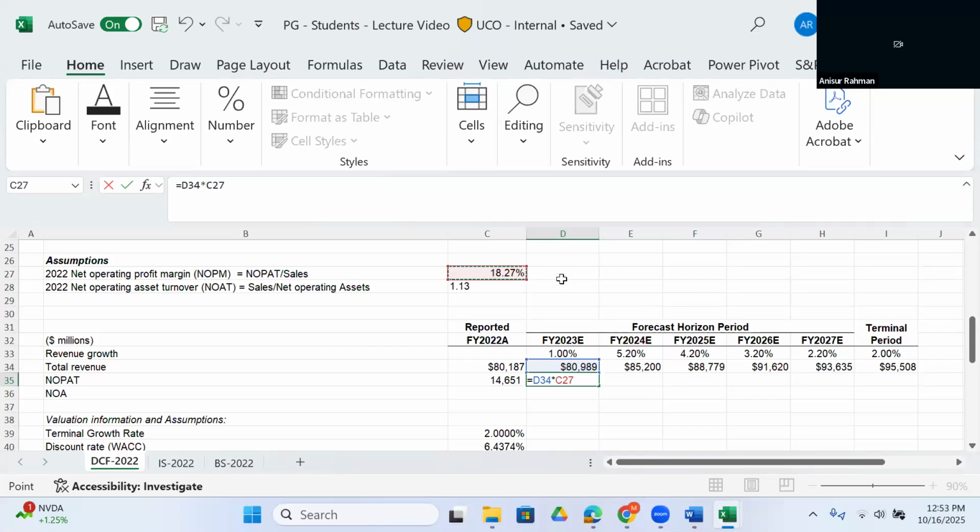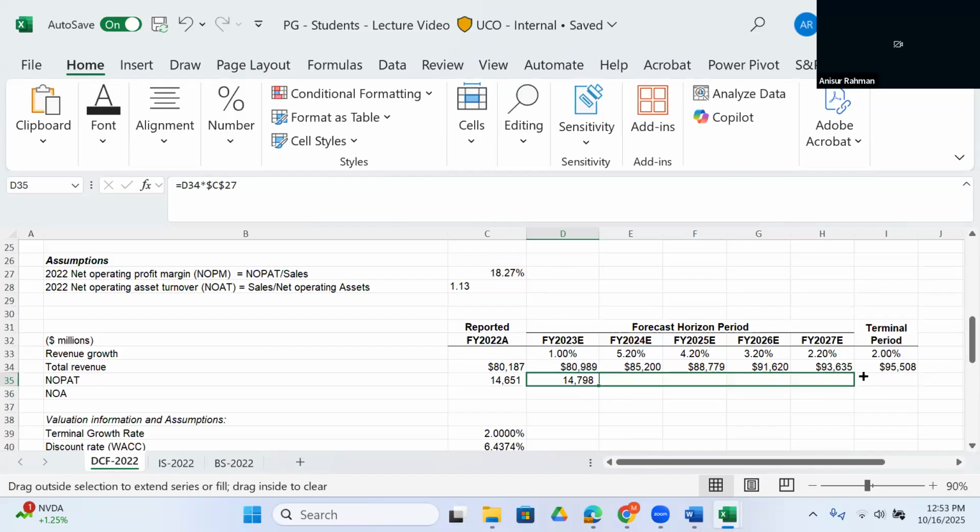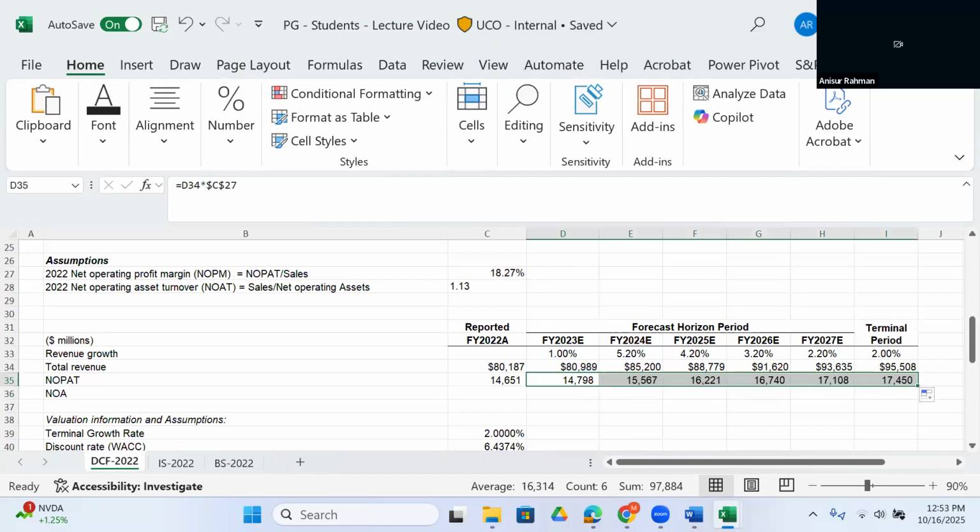And because we are going to use the same percentage, I'm going to lock this cell. So this is what is meant by locking a cell. You enter a dollar sign in front of the column name, which is C, and row number, which is 27. And then hit enter. Pull across.